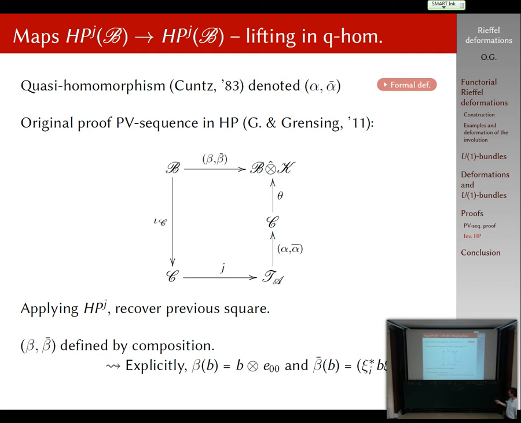And explicitly, when you do the computation, you find that beta of B is just this tensor product, and beta bar of B is this, which makes the frames coming from our definition of U1 principal bundle appear.